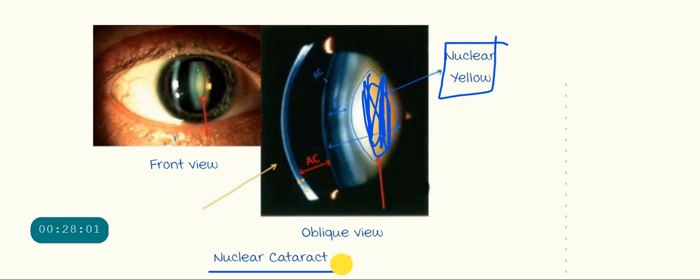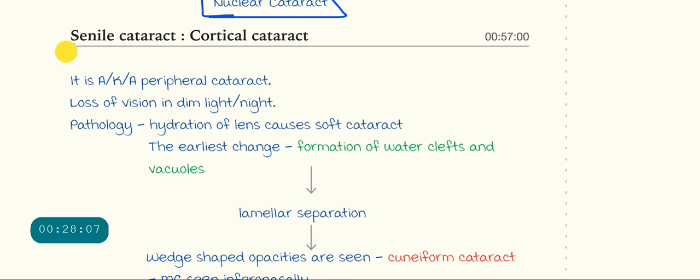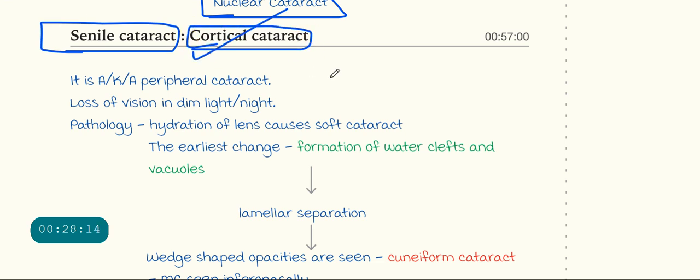Very easy. Now another type of senile cataract is cortical cataract, also known as peripheral cataract, and there is a loss of vision in the dim light or at night.